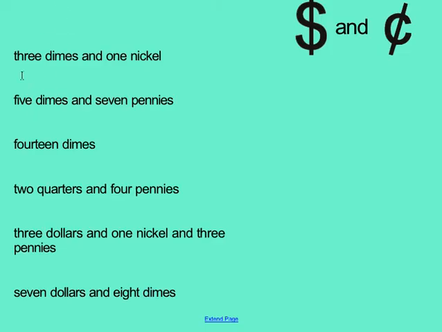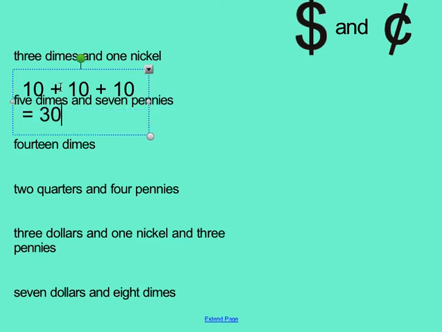Let's try some other example here. Let's see if we can figure out what 3 dimes and 1 nickel would equal. Well, you know that 1 dime is equal to 10 cents. And so you could write it like 10 cents plus 10 cents plus 10 cents if you wanted, which would get you 30 cents. So that's 1 dime plus another dime plus another dime would equal 30.